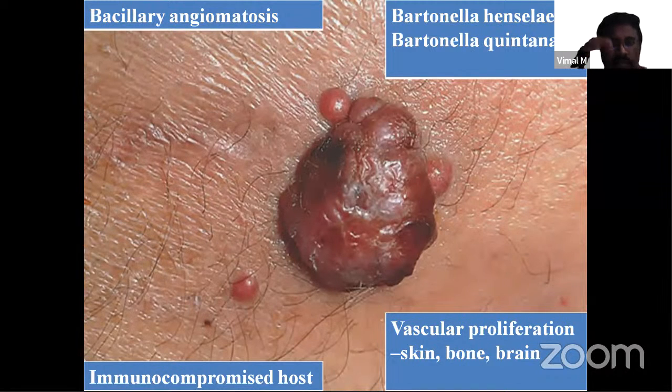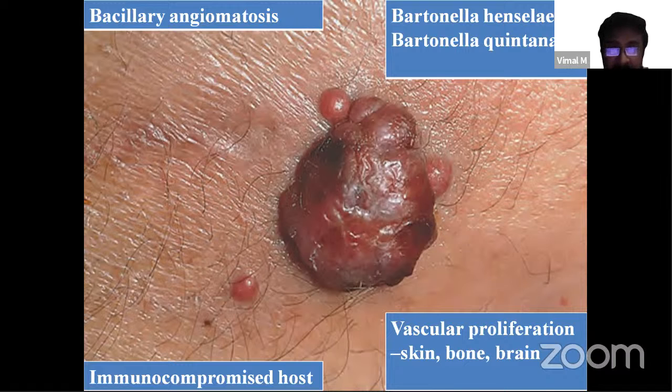This bacteria starts proliferating, and it mainly targets the immunocompromised host, like HIV patients. It presents as a vascular proliferation swelling, a proliferation of the blood vessels, especially in the skin, bone, and the brain region.